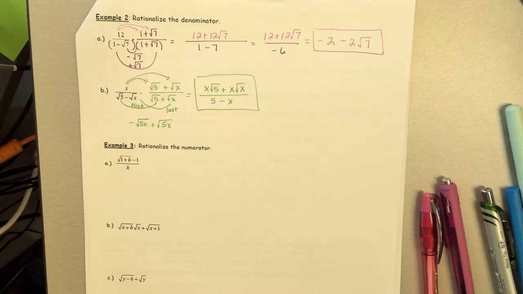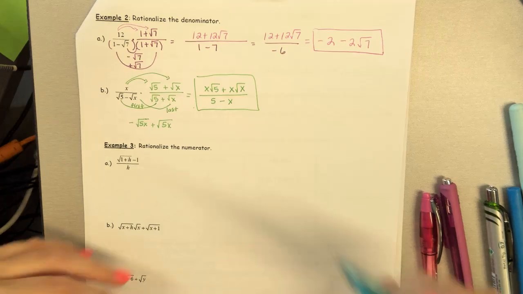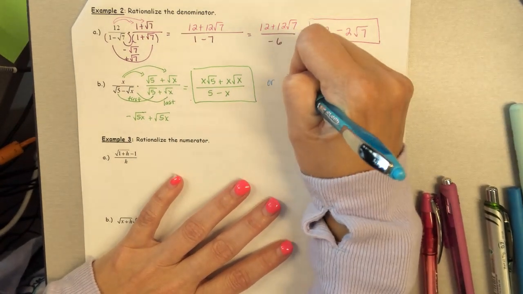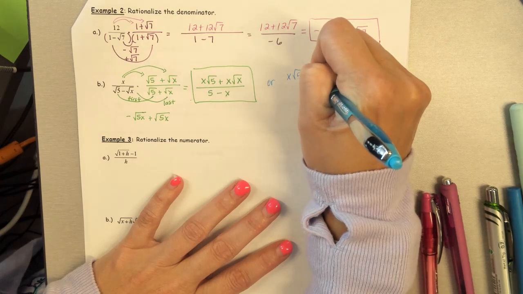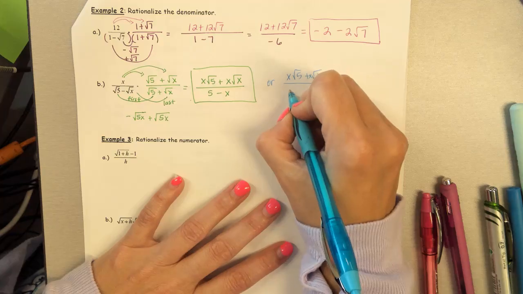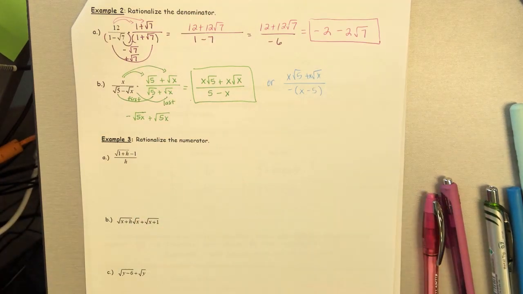Something you're going to notice is that there are equivalent forms. So sometimes if you're checking your answer with a key, you might have an equivalent form of the correct answer. So if the answer key said x root 5 plus x root x, and instead they had this negative factored out, okay, that would be fine.